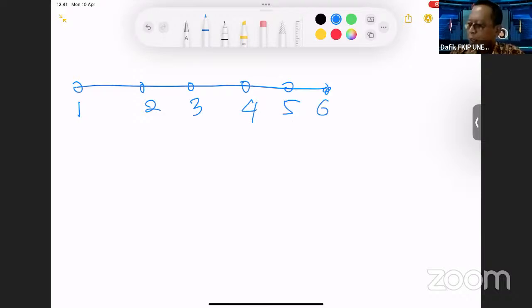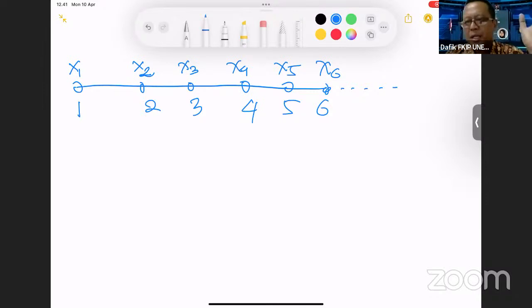Then we have to have a notation for every vertex: x3, x4, x5, x6, etc., because the number of vertices of the path could be n.